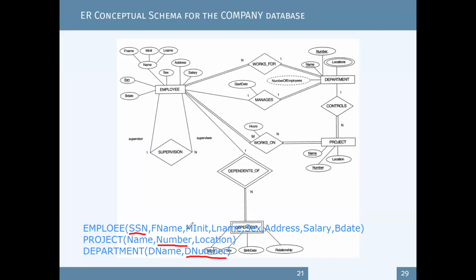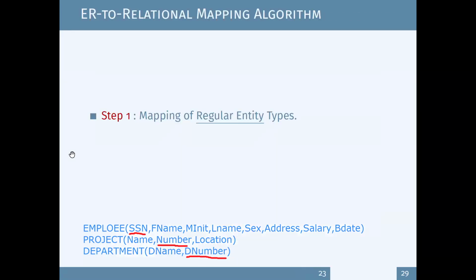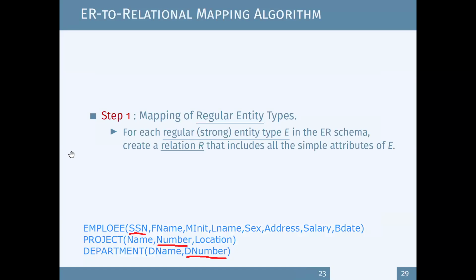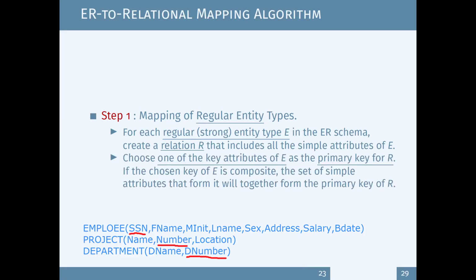Okay, good. I think we are quite okay with the first step, right? Shall we move to the second step then? Okay, let's move to the second step. So we will create a relation and then we include all the simple attributes.